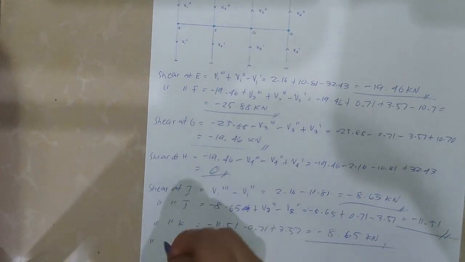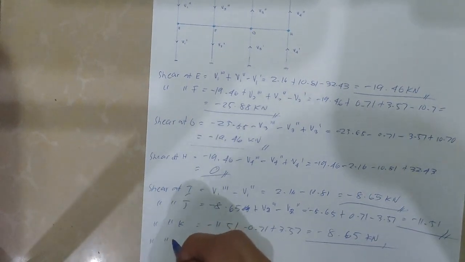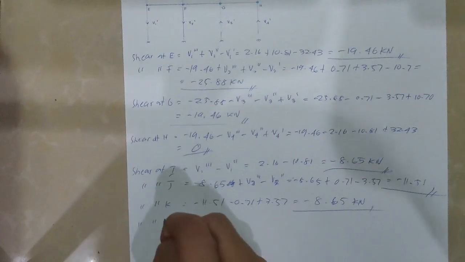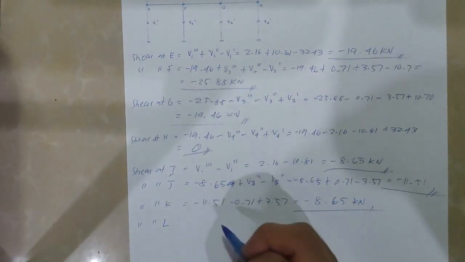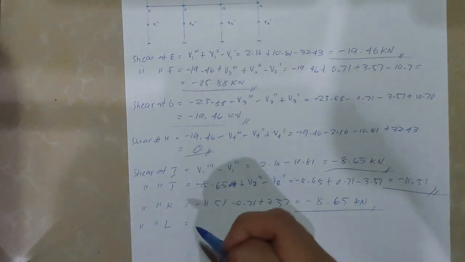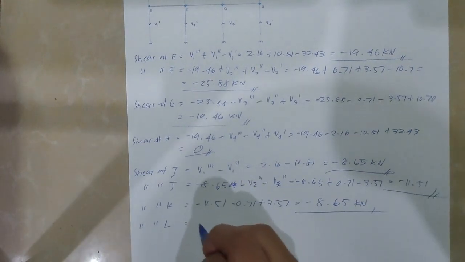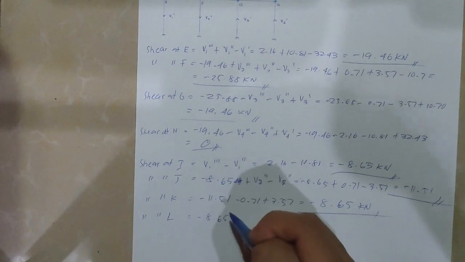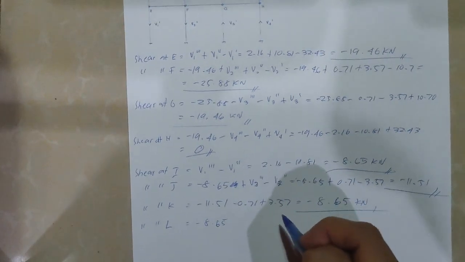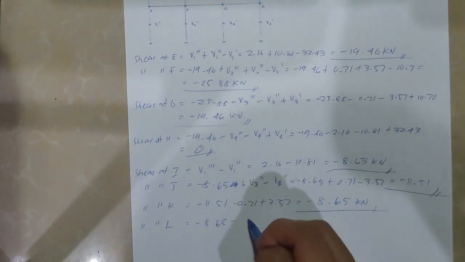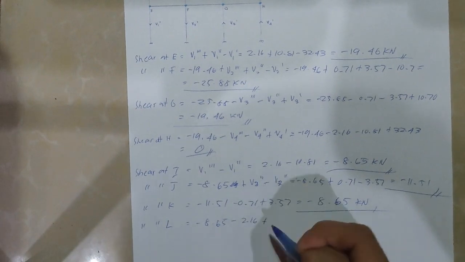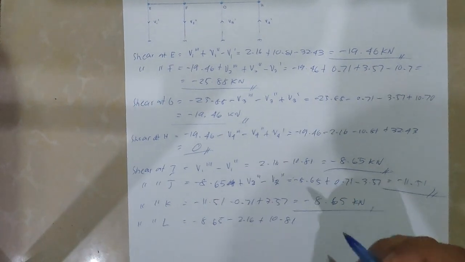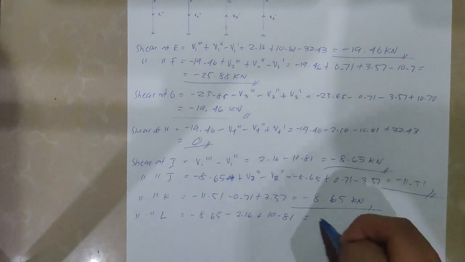Then here at L, we input directly, copying our answer negative 8.65 minus 2.16 plus 10.81, which is equal to 0.